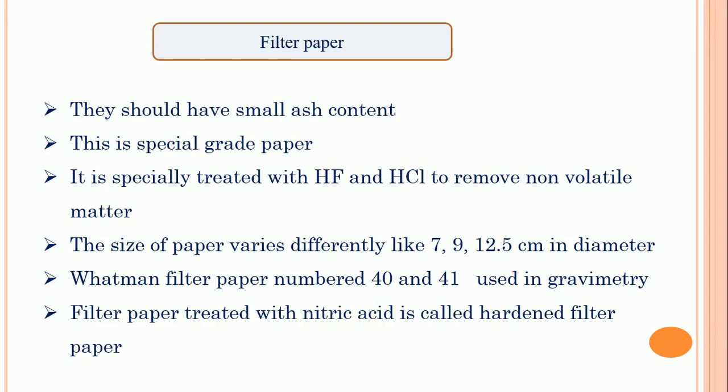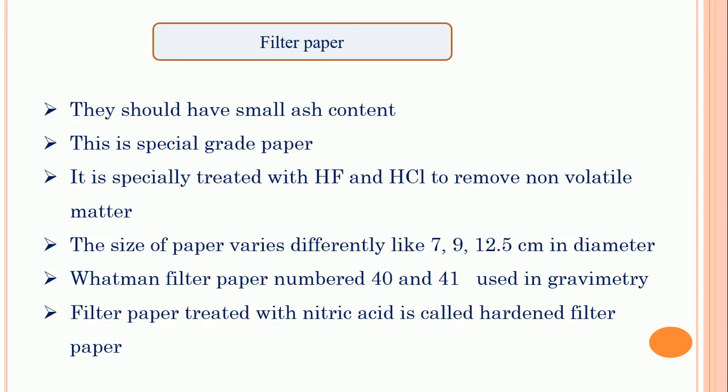These hardened filter papers have a very small ash content, as well as great mechanical strength, and they can resist attack of acid and alkali. That means when we filter the precipitate with some acidic or alkaline material, it cannot affect that filter paper.